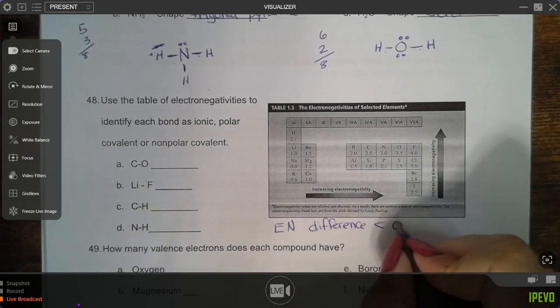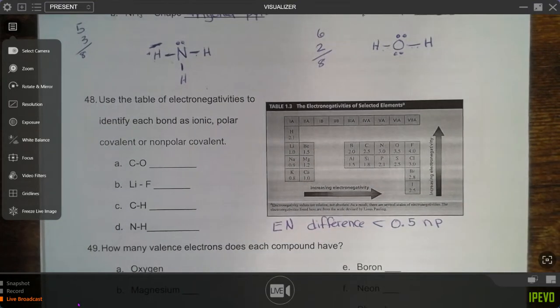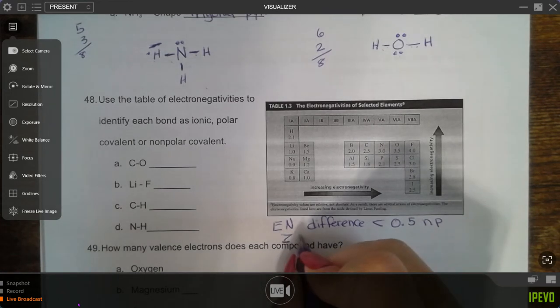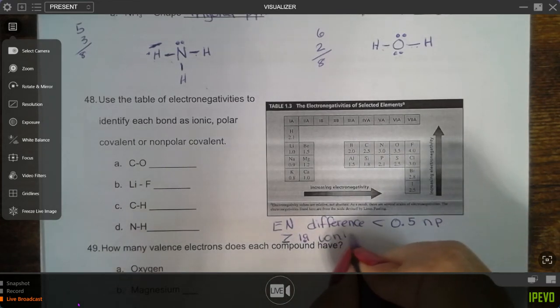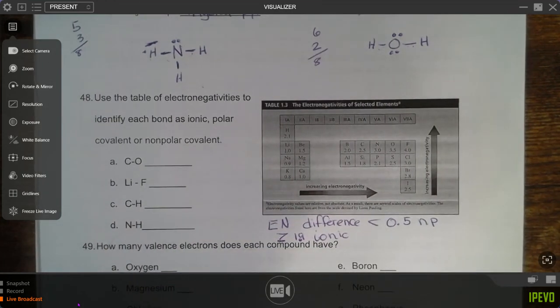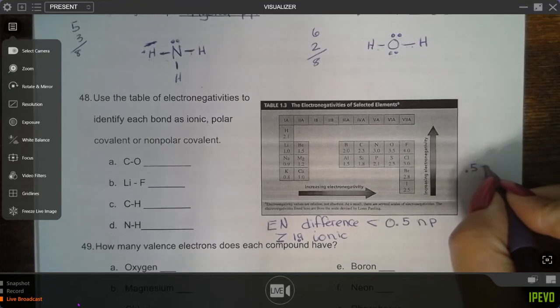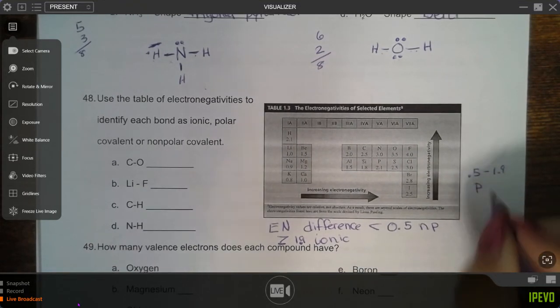Less than 0.5 is going to be nonpolar. Greater than or equal to 1.9 is going to be ionic. And then between 0.5 and 1.9, that is going to be a polar bond.